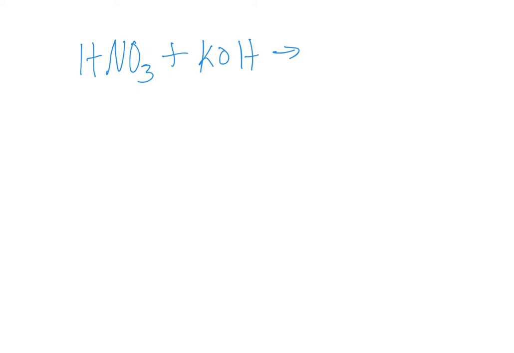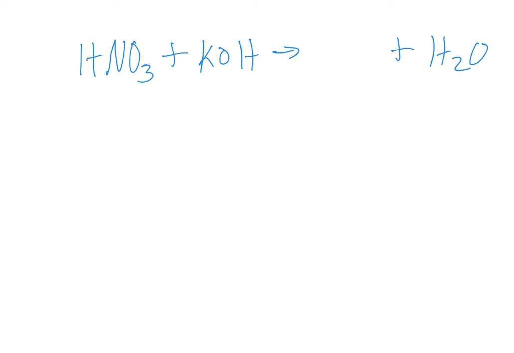So go ahead and pause the video here, and I want you to see if you can determine what goes here and here. All right, so first thing you should do is go ahead and write your water, because you know that that's going to be one of your products, so there you go.